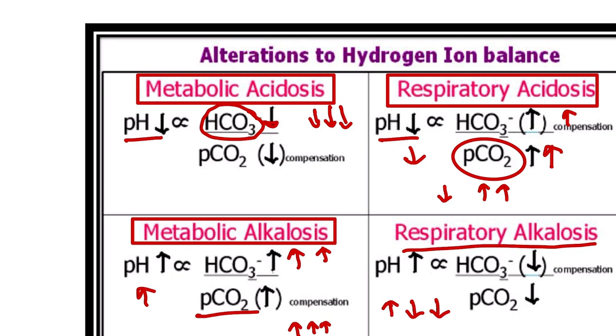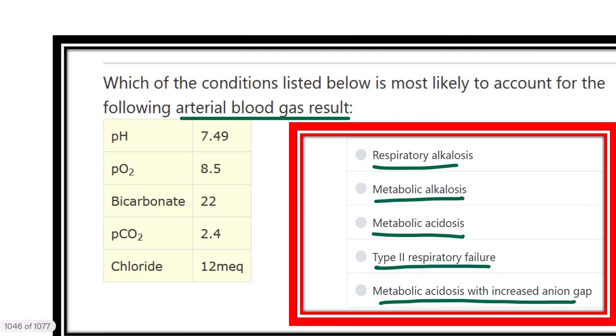Now see the question. The pH is 7.49, and the normal range of pH is 7.35 to 7.45. So it is alkalosis. But the second point is, is it respiratory or metabolic?